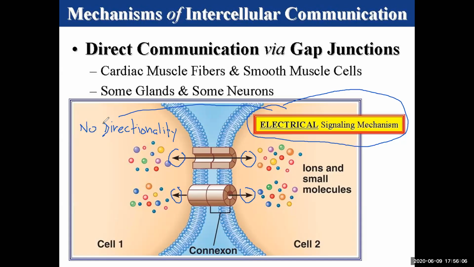So you want to run away from the car. And if you rely on electrical signaling, you might run toward the car, and then you have no control over it. So because of this, the electrical signaling mechanism is a minority among the signaling mechanisms. Most of the signaling mechanisms rely on chemical signaling pathways, on chemical messengers, as opposed to relying on electrical signals, because chemical signaling does have directionality.